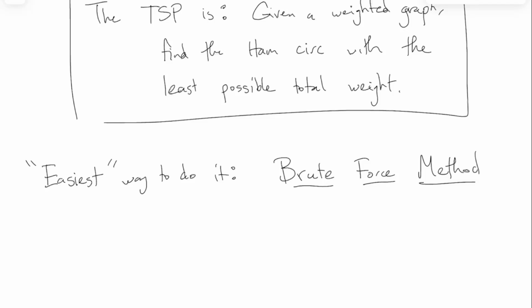I put easiest in quotes because actually it takes a long time to do this, but it's easy in the sense that there's nothing hard about it. It just will take you a while to add up the numbers and all of that. But there's no big hard ideas behind it. That's why it's called the brute force method. It takes you a while to do it, but there's nothing hard intellectually about it.